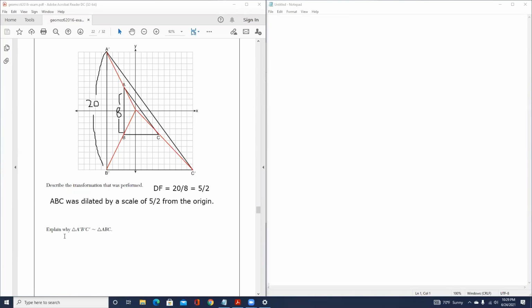Explain why triangle A prime, B prime, C prime is similar to triangle ABC.